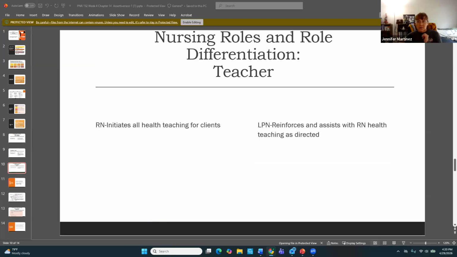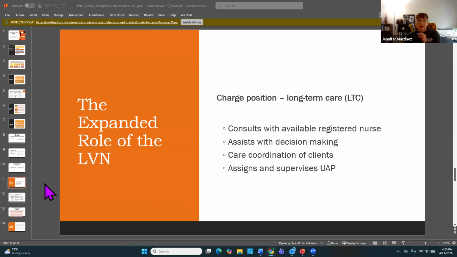Again, the RN is always going to be the one that initiates the health teaching. LPNs will reinforce and assist with health teaching as needed. And like I was saying, your roles are not limited. There are a lot of opportunities for LPNs: charge positions, supervisors, even assistant director of nursing in long-term care facilities.